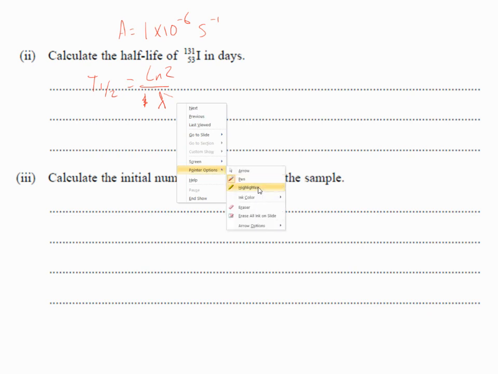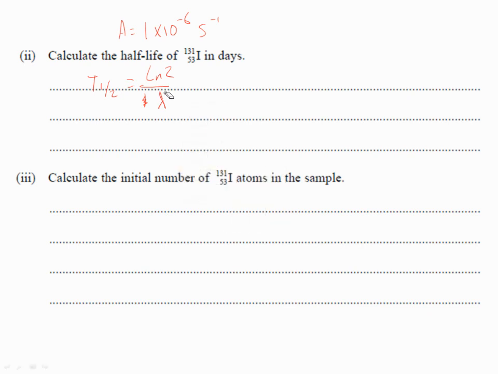Let me just tidy this up. Now if we plug in our value, we know what ln of 2 is, and we get our half-life as 6.9 times 10 to the 5 seconds.